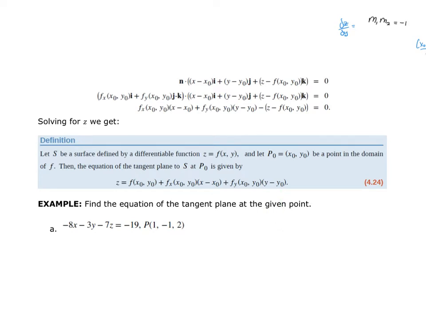Another equation I want to give you is the tangent plane equation at a point. So the other one at, say, P is x naught, y naught, and z naught. This is going to be equal to the partial derivative of your function with respect to x, evaluated at x naught and y naught, and then x minus x naught.